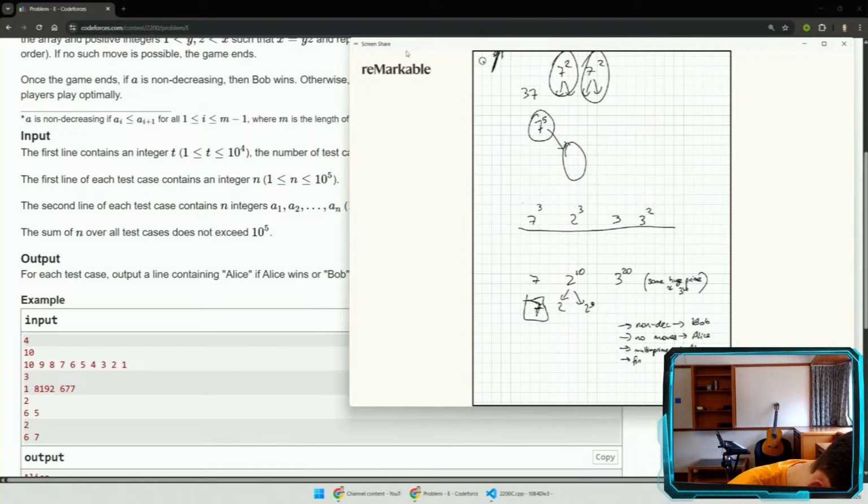Otherwise, you check if the prime bases are sorted, then Bob will inevitably win, and otherwise, if they're not sorted, then Alice wins.